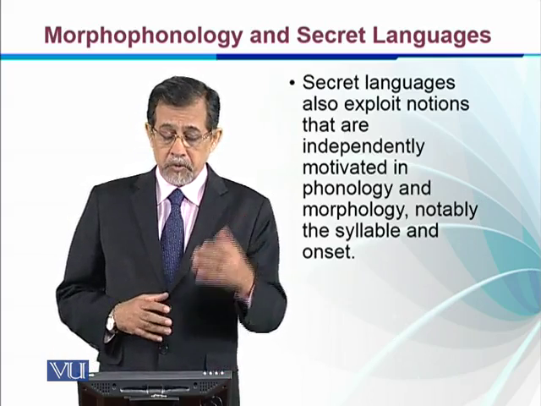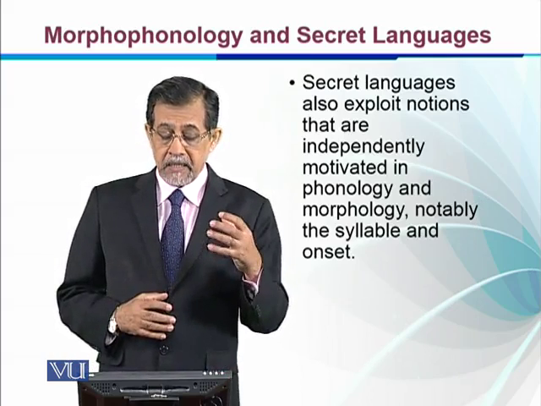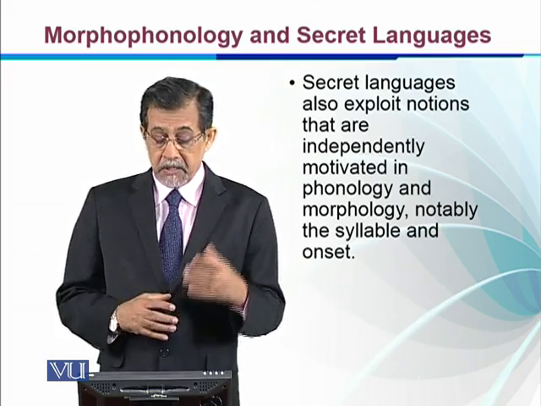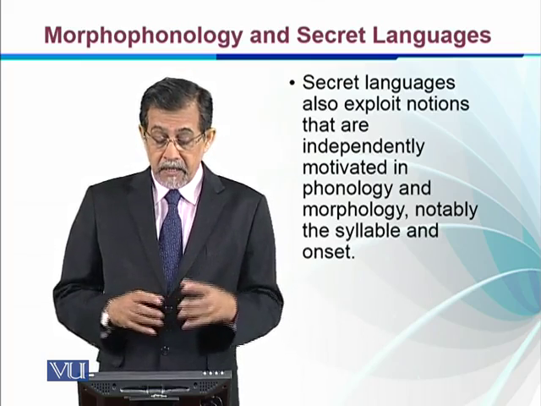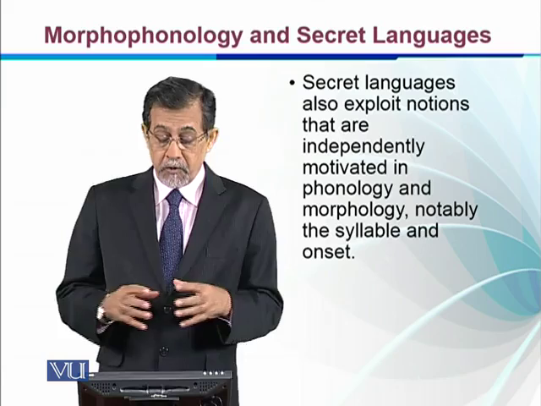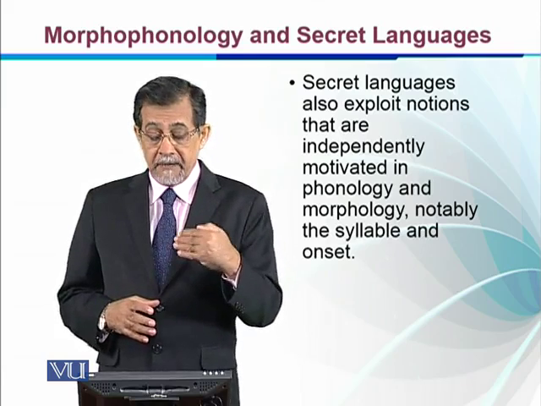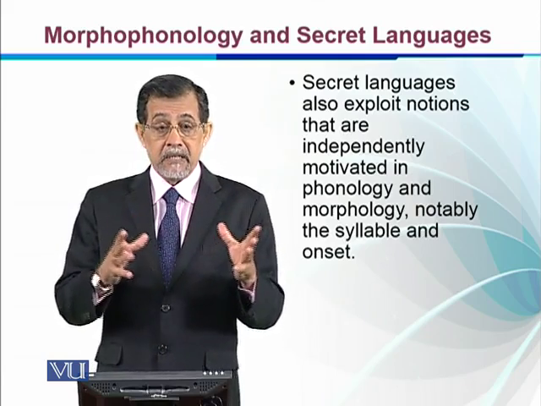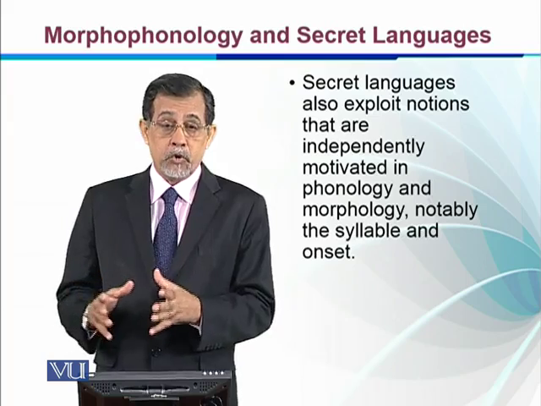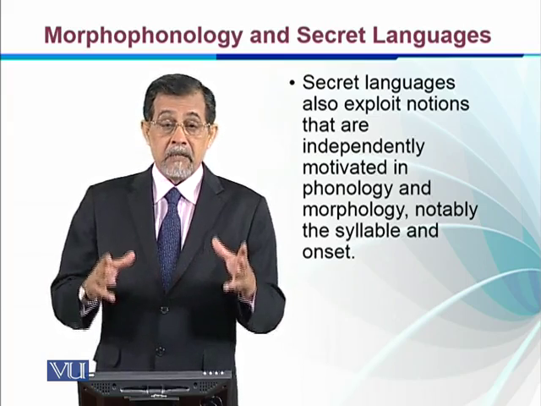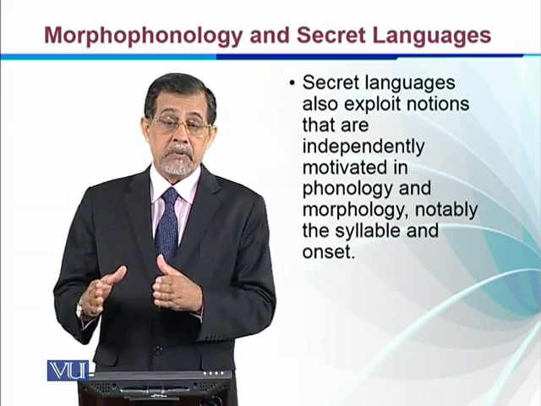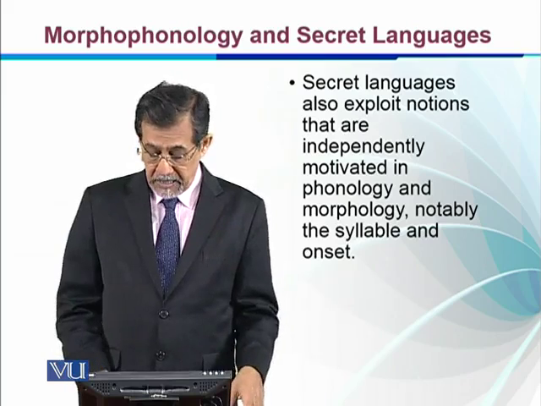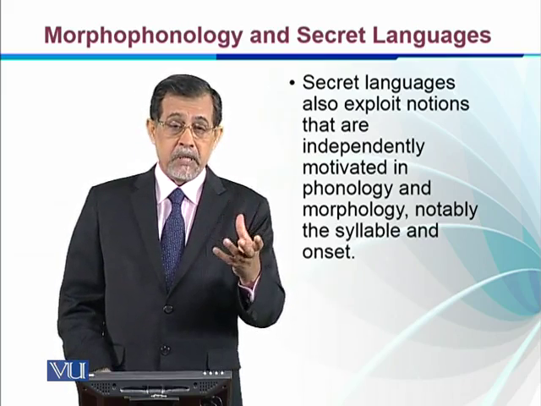Secret languages also exploit notions that are independently motivated in phonology and morphology, notably the syllable and onset. They have their own onset and their own syllables, with the structure of the syllable as a normal syllable has.